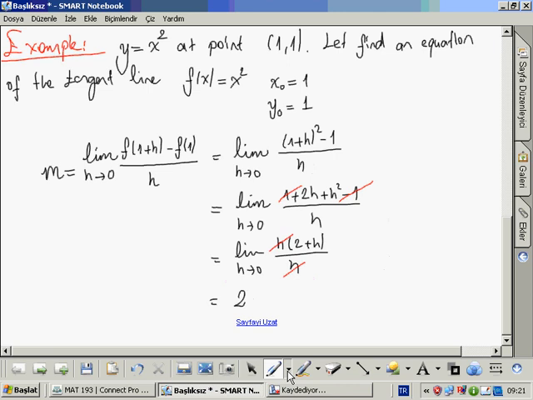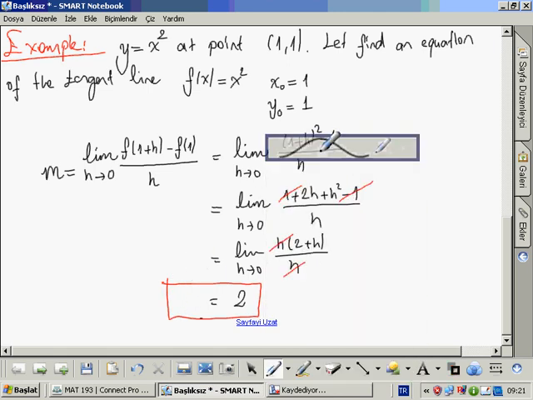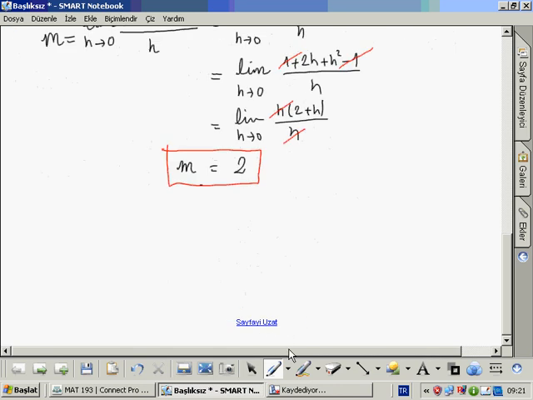I'm sorry, that is m, because it's our slope.